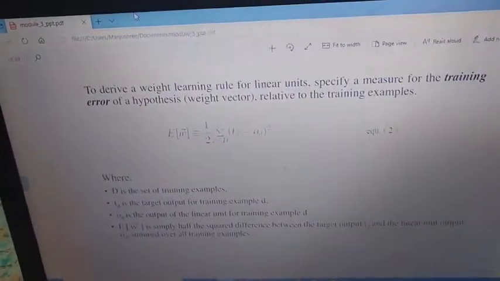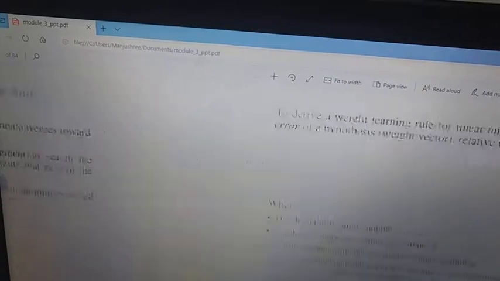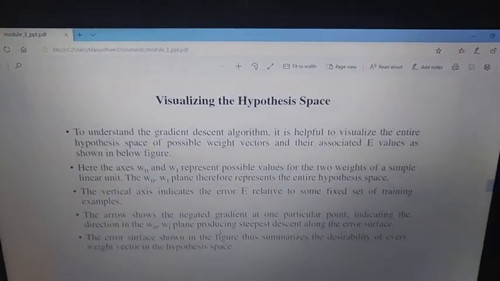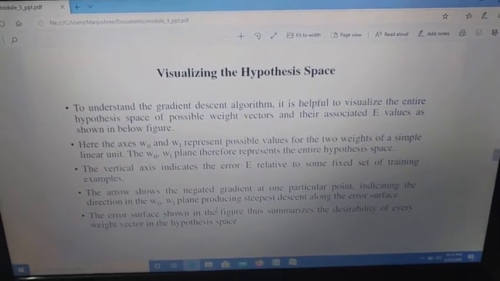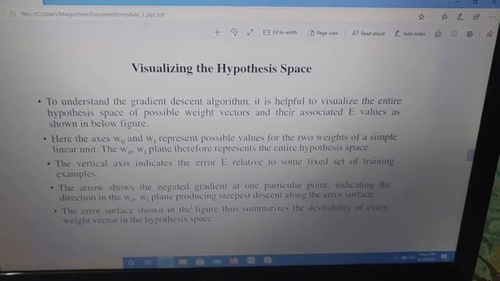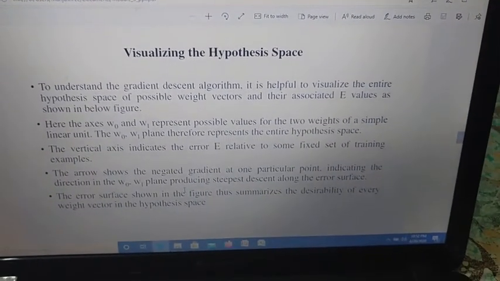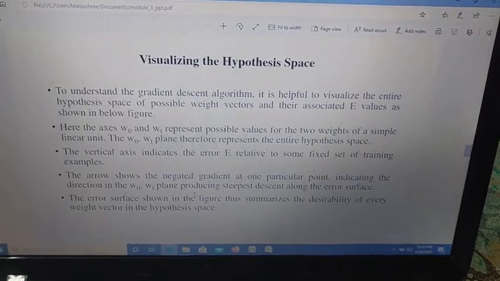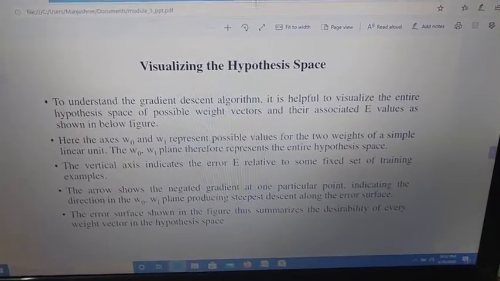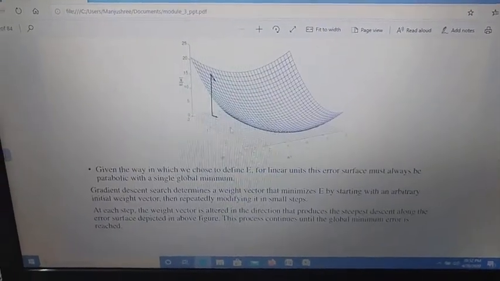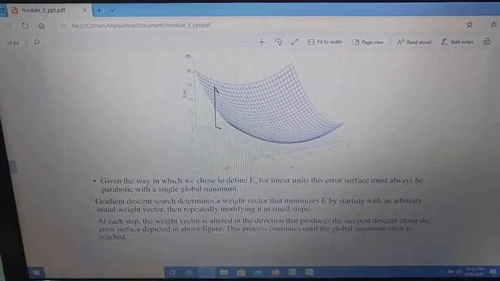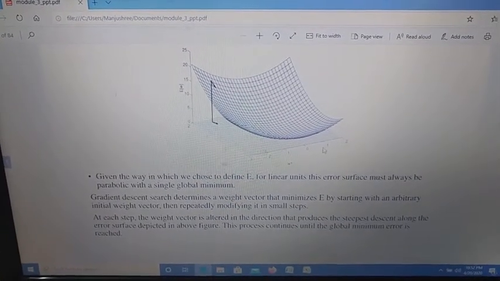So if I revise this again, here is the visualization of a hypothesis space, where we have many predicted values. This is a hypothesis space where we have W0 and W1 weight vectors.